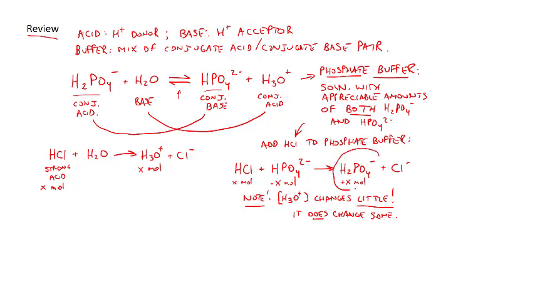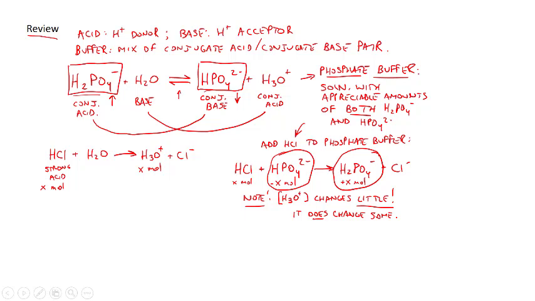We increased the concentration of H2PO4- and we decreased the concentration of HPO4 2-. So if we go back to our original equilibrium, what happened over here is the concentration of this compound went down, the concentration of this compound went up.